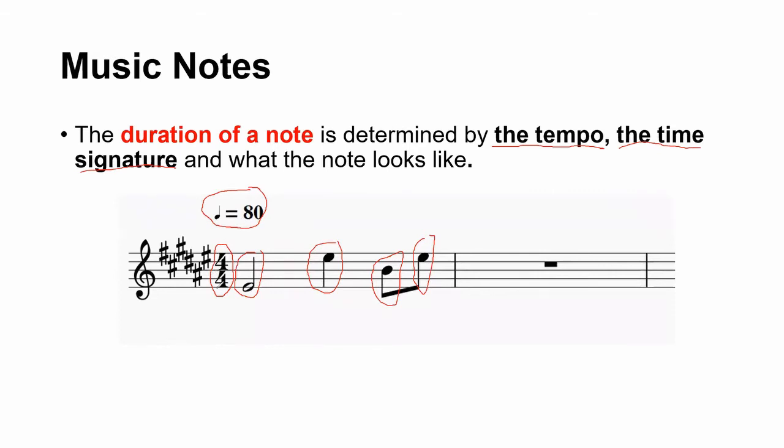It has a time signature, and then the shape, the type of the note, or the way the note looks, would then determine how long each note should last. Is that clear? Okay.